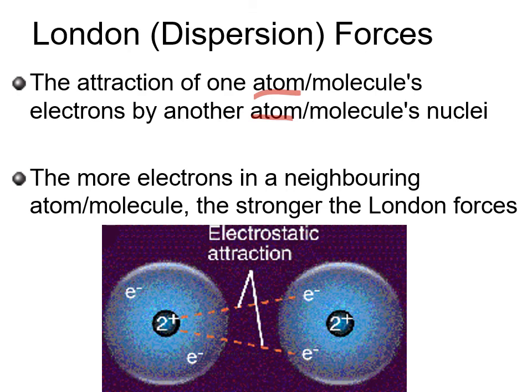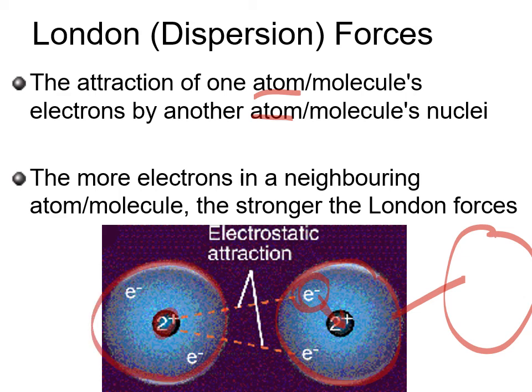And so imagine this atom here, and whether it was connected to some other atoms or not doesn't matter. Whether it's part of a molecule or just a lone atom, the same force is going to exist. Its electrons, which have a negative charge, are definitely attracted to the nucleus. They're not going to leave the nucleus. But the other atom also has a nucleus with a positive charge.